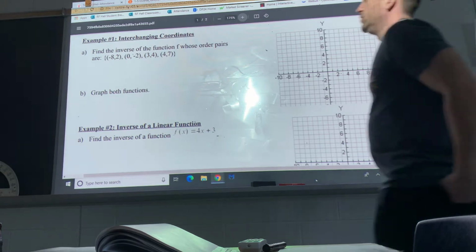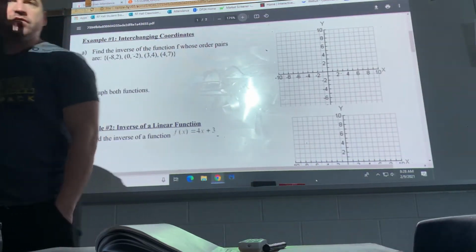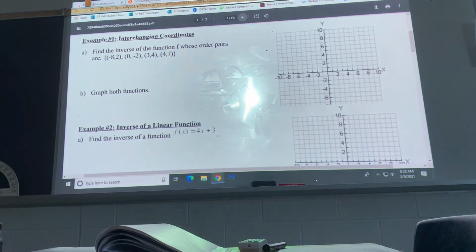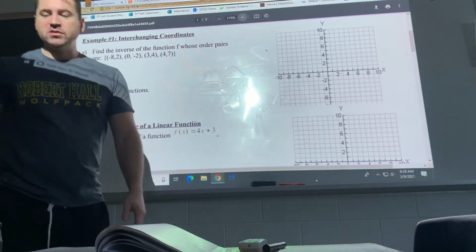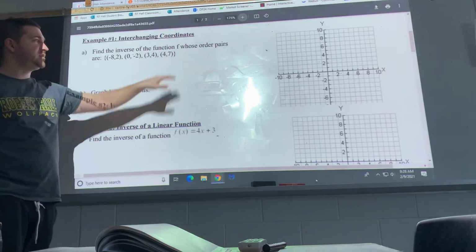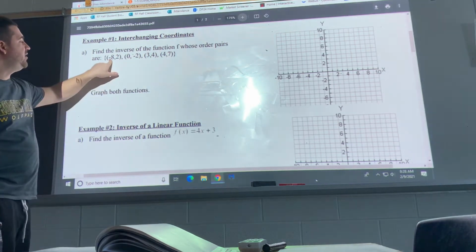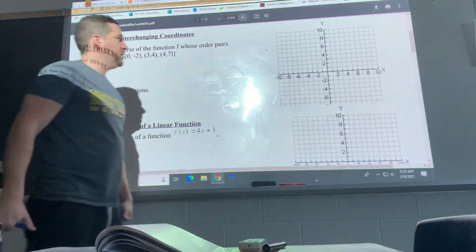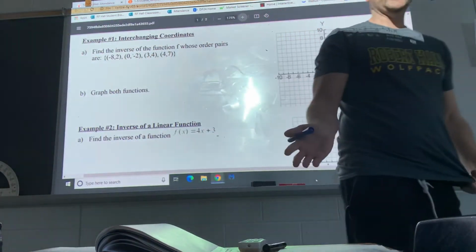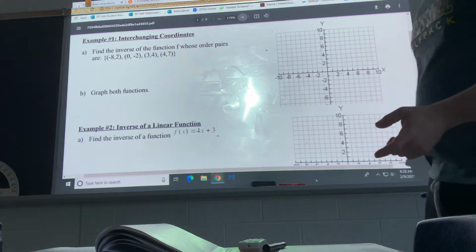Okay, so number one, find the inverse of the function f whose ordered pairs are these. The function has these points on the graph: (-8, 2), (0, -2), (3, 4), (4, 7). We're not dealing with any equation right now, we're just dealing with points.